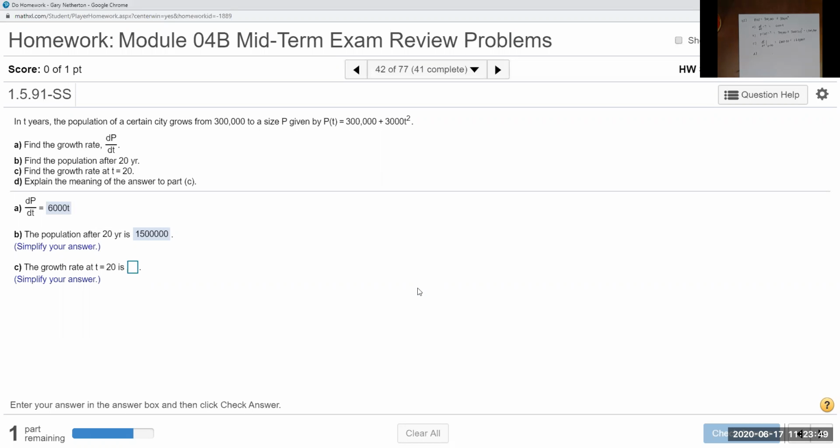And the growth rate at T equals 20, we said, is 120,000.